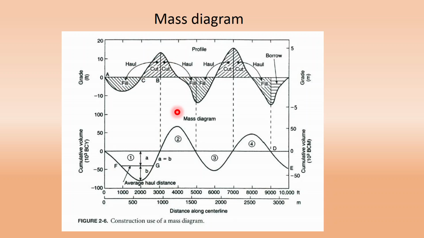And down here they've also developed that haul distance using that kind of convenient approximation by going midway between your ordinate and your peak. This project shows a net deficiency at the end, which means we have more fill along our project than we do cut available, so we're going to have to be bringing in material.